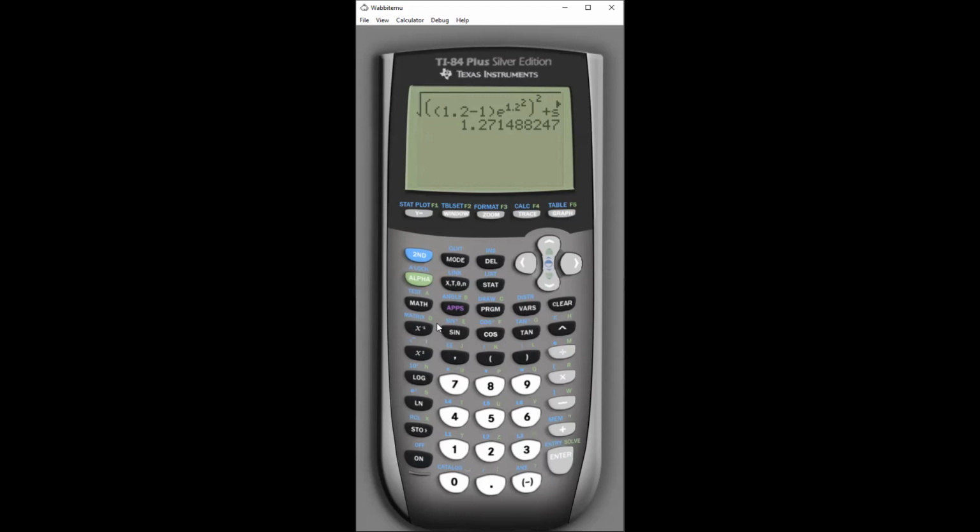And to calculate the acceleration, let's first calculate the acceleration along the x-axis, the derivative with respect to x, it doesn't matter, x or t, we are using x here, of the function (x minus 1) times e to the power x squared at the point 1.2, and the value is 6.247.